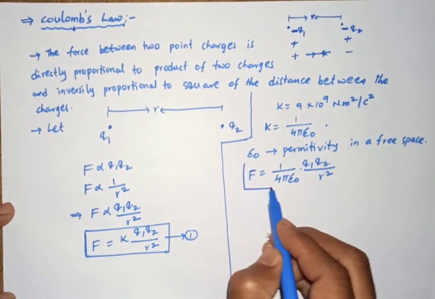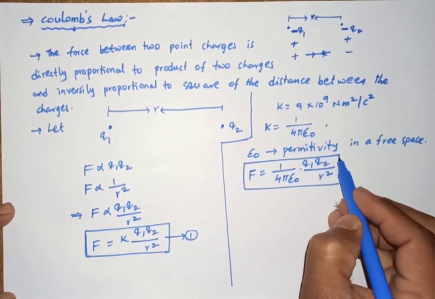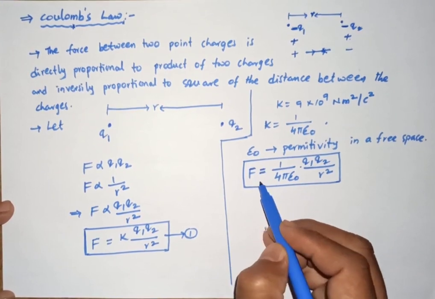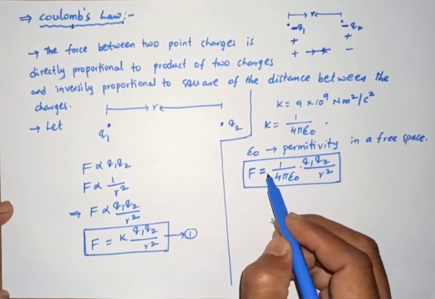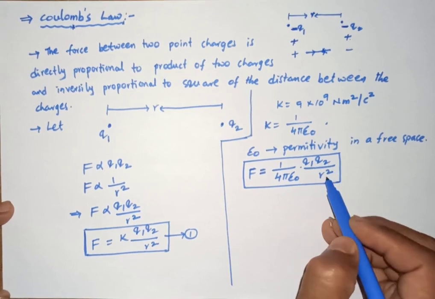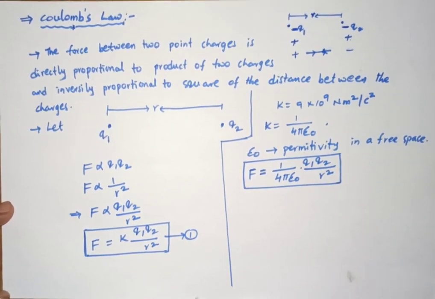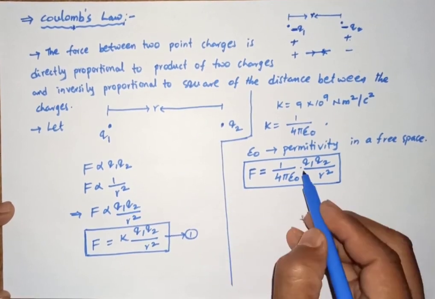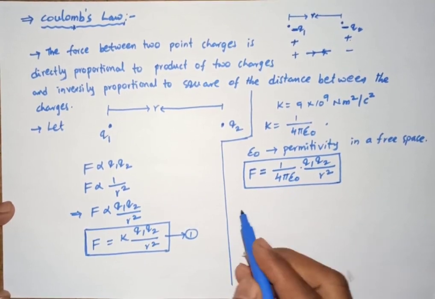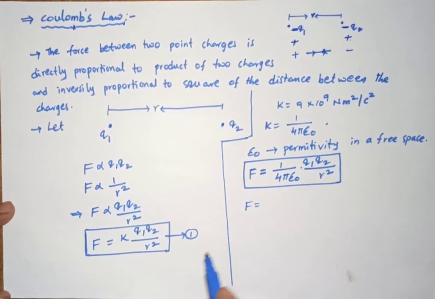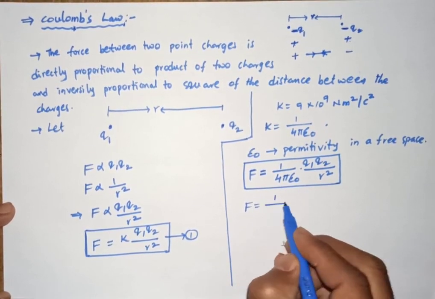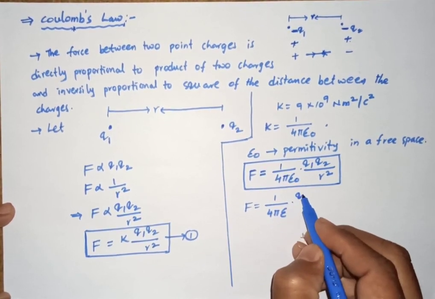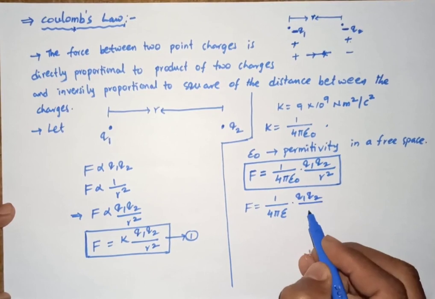This is the repulsive or attractive force between two charges. If the two charges are in any medium, the force F equals 1 by 4 pi epsilon into q1 q2 by r square.